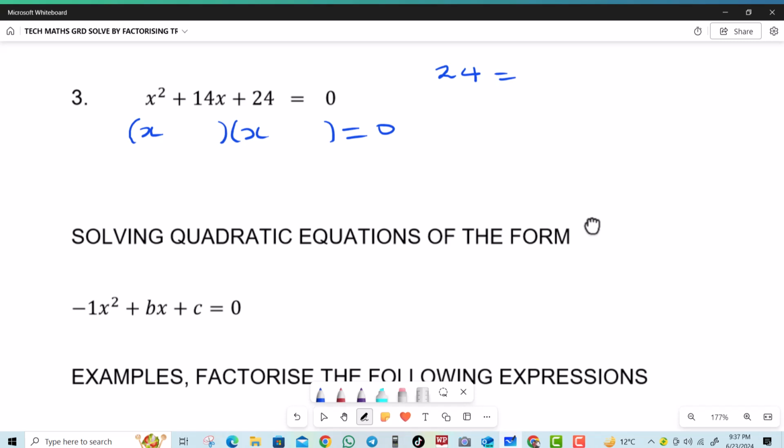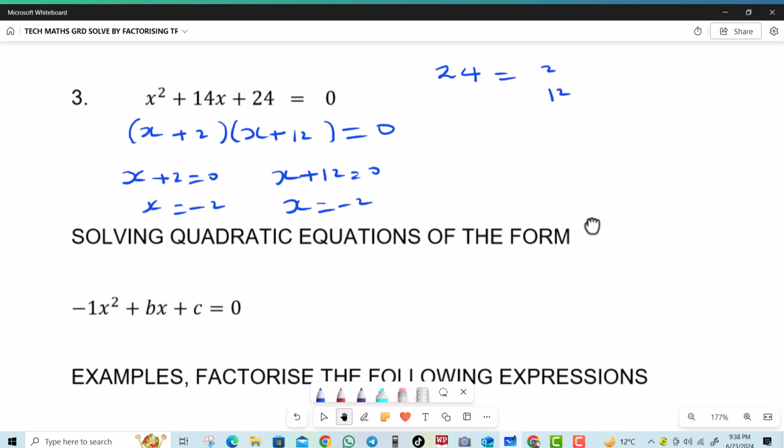So it's going to be 2 times 12. I'm going to say plus 2 here, and plus 12 here. So either x plus 2 equals 0, which gives x equals negative 2, or x plus 12 equals 0, which gives us x equals negative 12. Hope we are together.